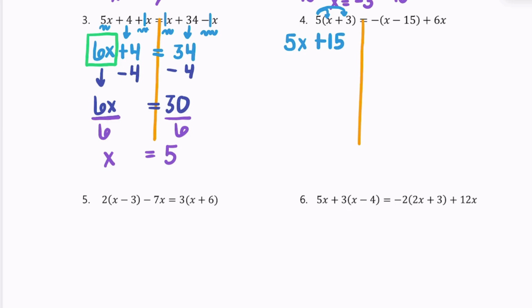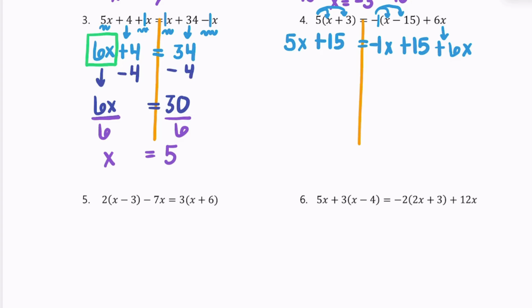And remember, that's like a negative 1 there. So that's going to leave us with negative 1x. And then that's going to leave us with plus 15. Negative 1 times negative 15 gives us a positive 15. We're not distributing to that 6x because it's outside of our parentheses. So we're good to just bring it down.